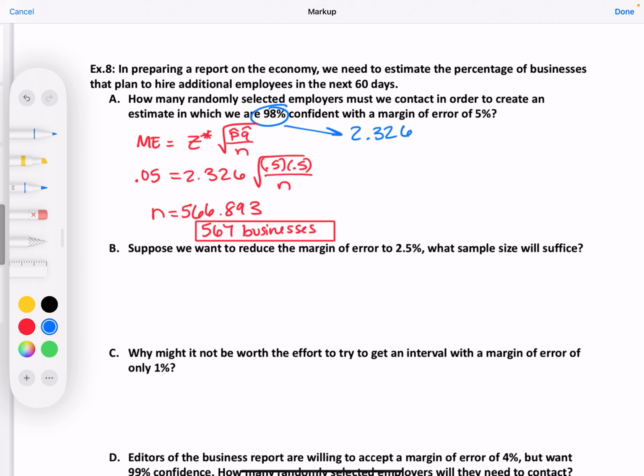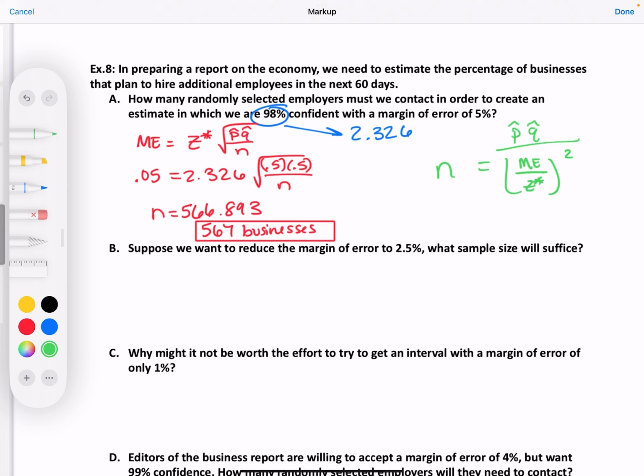So in general, if we were going to find this formula to solve for n, we would have the margin of error divided by z star, squared, and then p hat q hat divided by that would be like the general form.